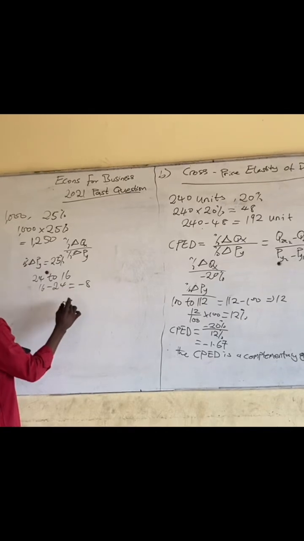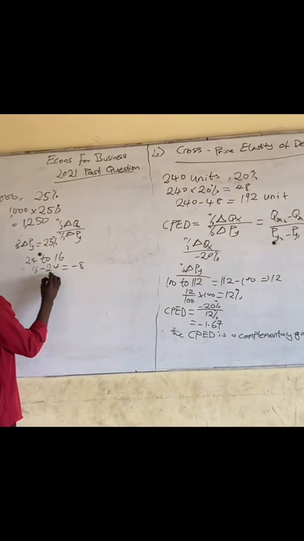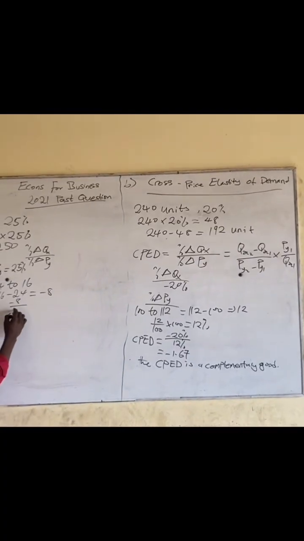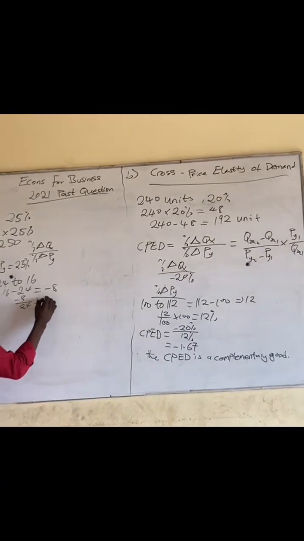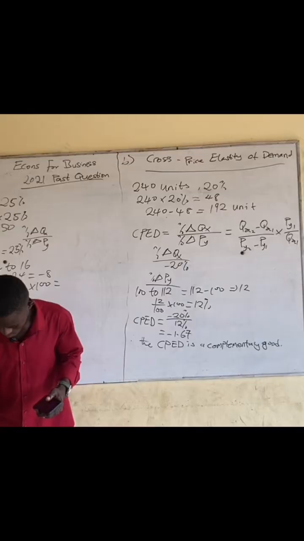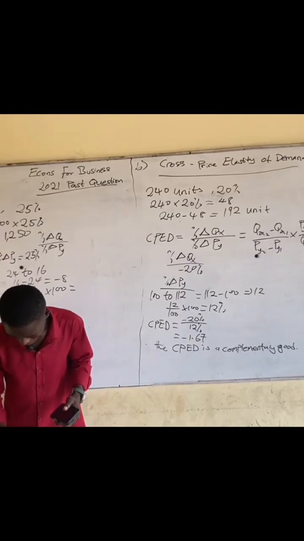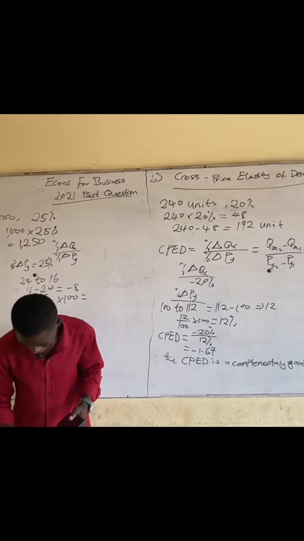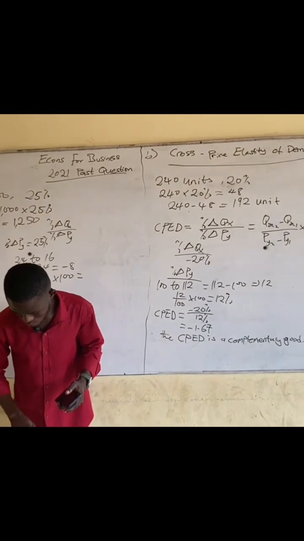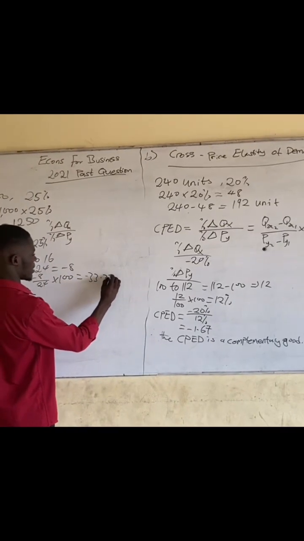So the percentage change in quantity will be minus 8 divided by 24 times 100, which will give us minus 33.33.